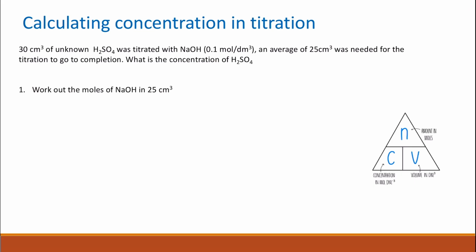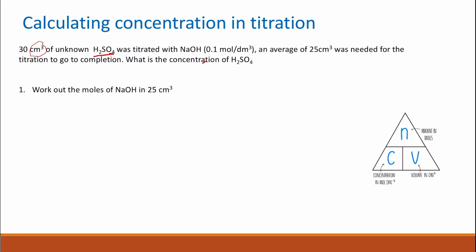The example here is if you have 30 centimeter cubed, so you can see here the volume is in centimeter cubed. When we do our calculation, we need to change this into decimeter cubed. So 30 centimeter cubed of sulfuric acid of unknown concentration was titrated with sodium hydroxide.